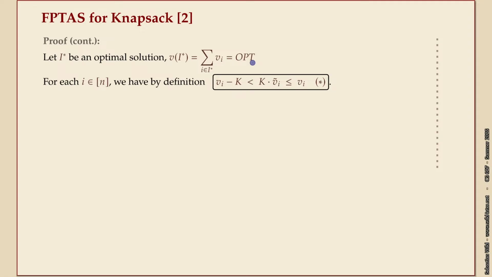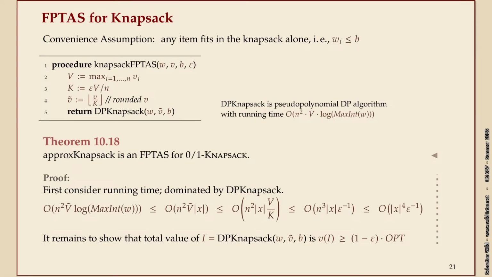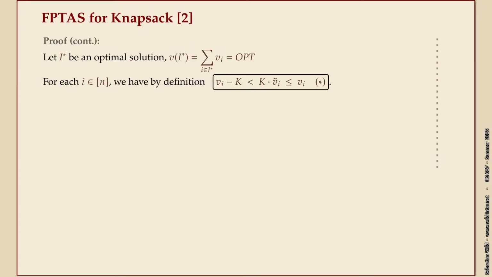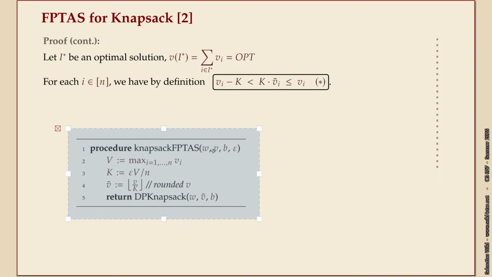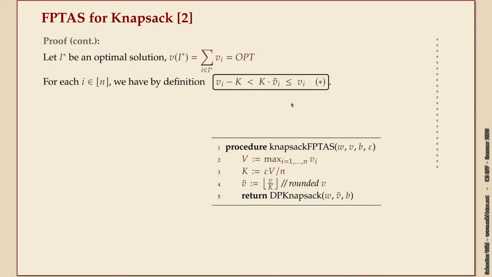And now let me maybe copy the algorithm so that we have this on the side. To see why this is true, you just have to insert what the v tilde is. If we multiply v tilde by k, then I'm basically scaling up with this k again. And then what's written here is k times this rounding down.